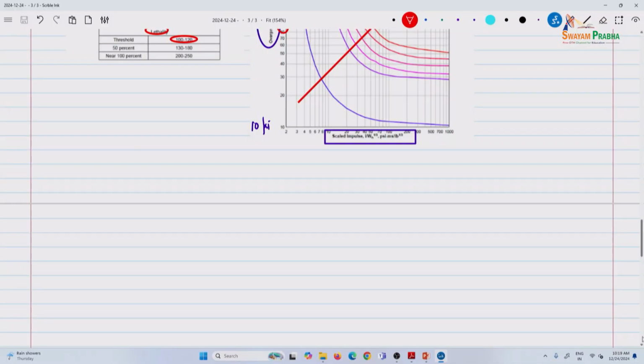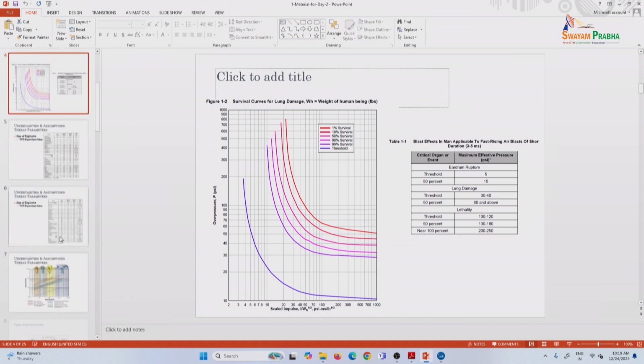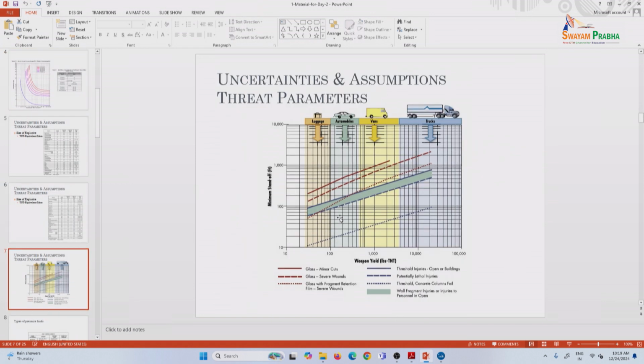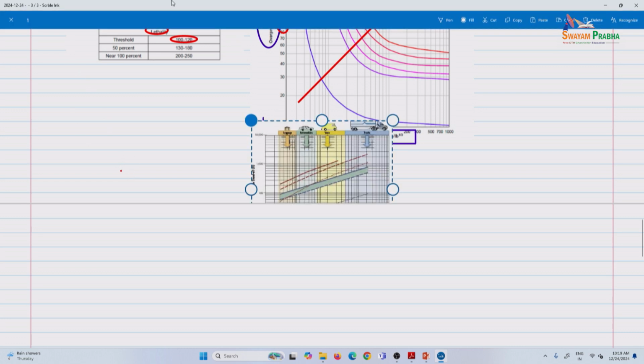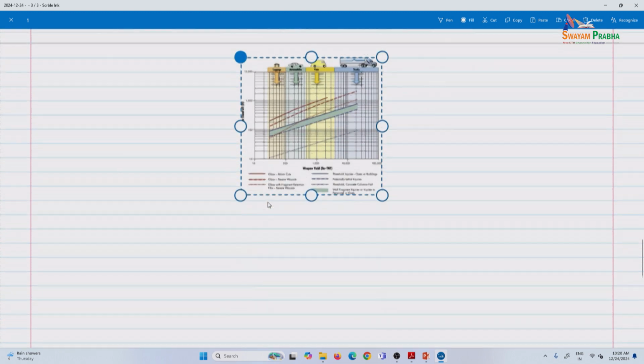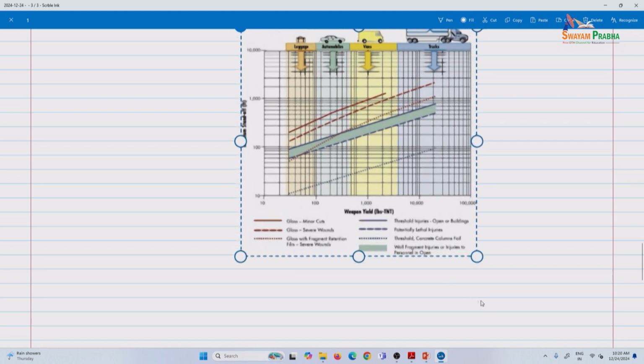Then we look at another, more from a structural perspective. This is a very nice chart, so let me move it to the next page.